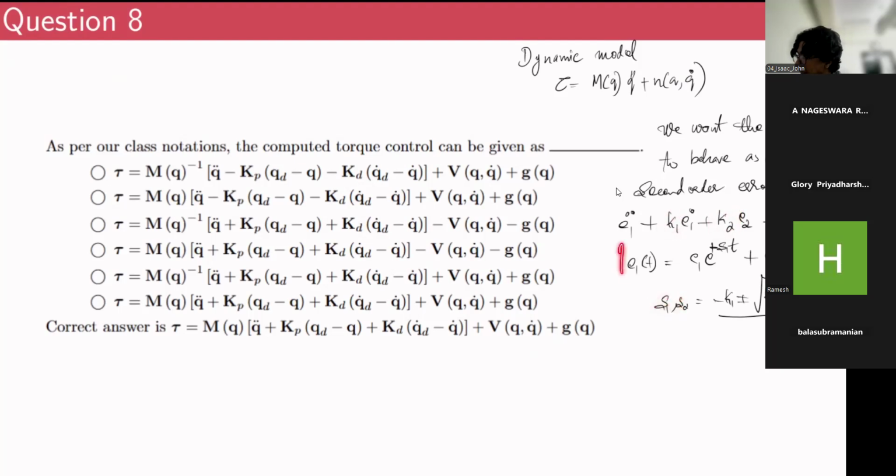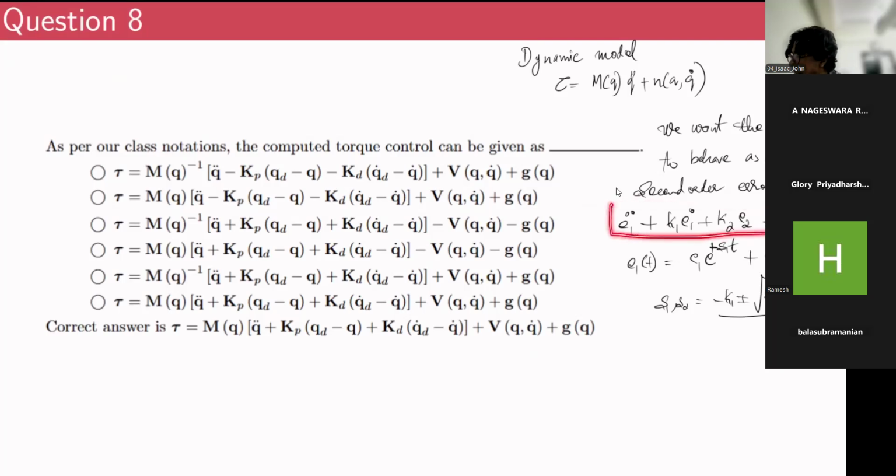And as a result, the response of that second order system will asymptotically tend to 0 as time tends to infinity. So that is why we want our system to behave as per this second order error dynamics.